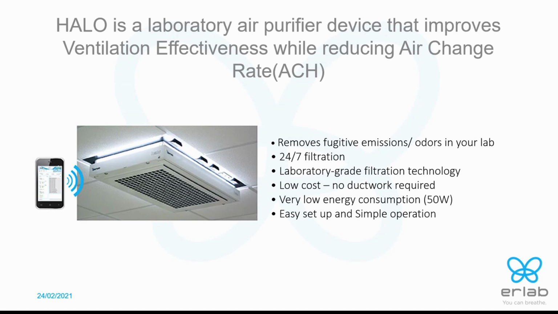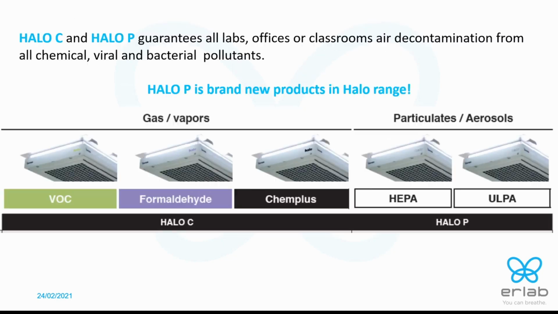It will offer you 24/7 filtration, and it will increase basically the air exchange rate in your lab or in another room without increasing the consumption of AC or with a very low energy consumption. And it's very easy to set up, just mount on the ceiling, and very simple to operate.